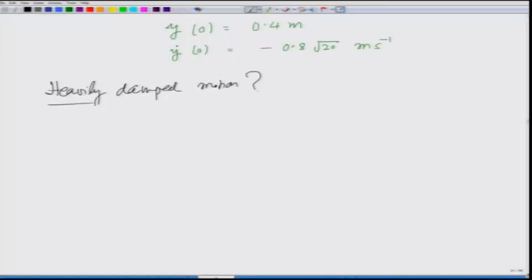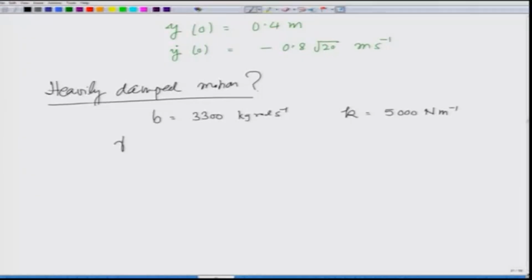I am putting a question mark. We have already determined that B is 3300 kg radians per second and K is 5000 newtons per meter.